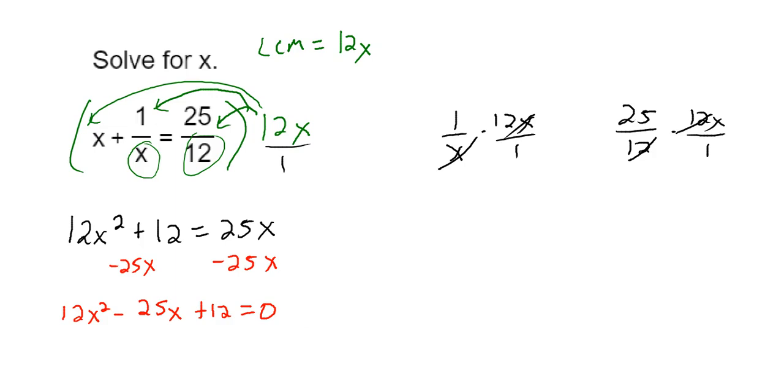So you'd have to do the AC method. So we have A times C would be 12 times 12, which is 144. B is equal to negative 25. So if you can find two numbers that multiply to 144, but add to negative 25, you can factor this, and you don't have to use the quadratic formula. And that is possible here.